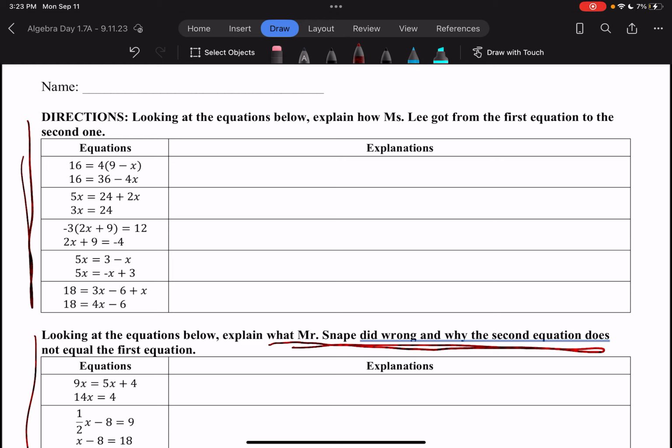All right, so I'm going to show you a couple of examples, and then I'm going to leave the rest because you all can do this. You can think through this. So for this first one, Miss Lee, I went ahead and distributed this 4 through the parentheses.